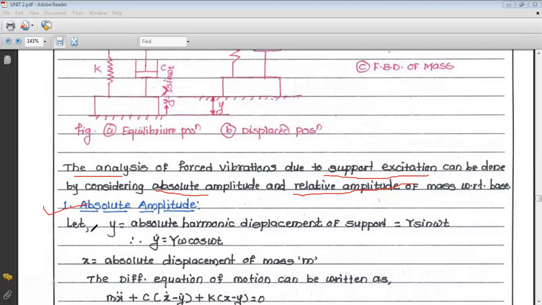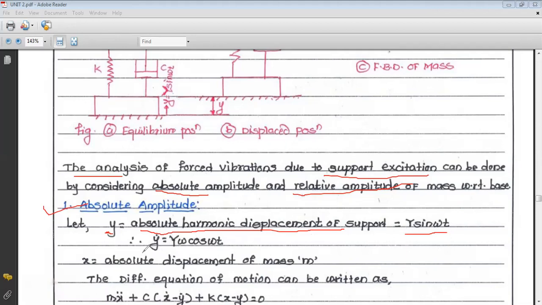So if we take the absolute amplitude, let y be the absolute harmonic displacement of the support, given by y equals capital Y sine of omega t. If we differentiate this equation, we get y dot, that is dy by dt. Capital Y is constant, and the derivative of sine omega t is cos omega t into the derivative of omega t, which is omega.